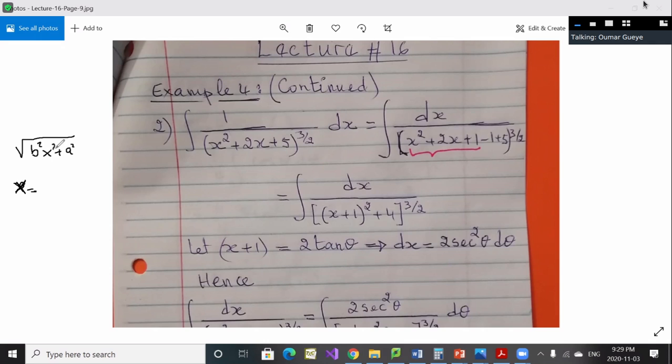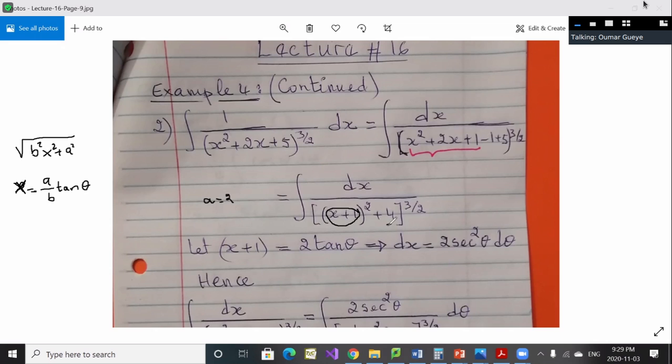So here capital X is equal to a over b tan of theta, based on what we did last week. And in my example, this capital X is equal to all this, the x plus 1 here. In this case, a is equal to 2, because a squared, which is 4, is right here.